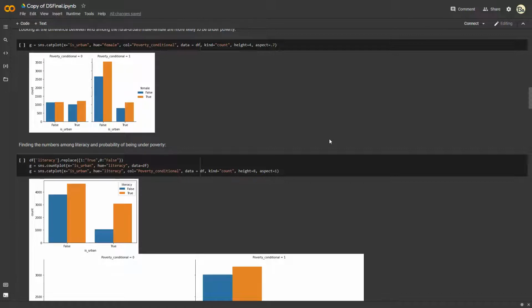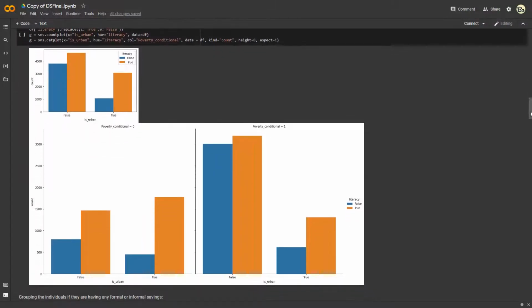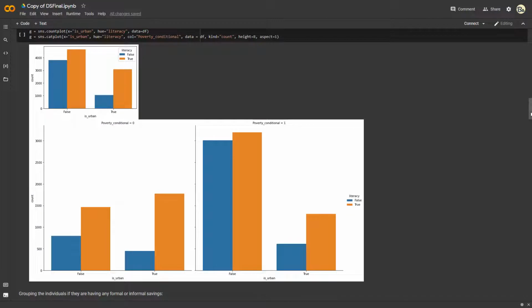And now we determine the literacy. As you can see, in the urban areas people are more literate as compared to rural areas, and through that we determine how impactful literacy is on the poverty rate.